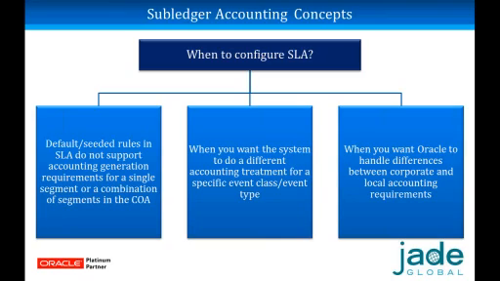Another instance is when you want the system to do a different accounting treatment for a specific event class or event type. Another major reason is when you want Oracle to handle differences between corporate and local accounting requirements.